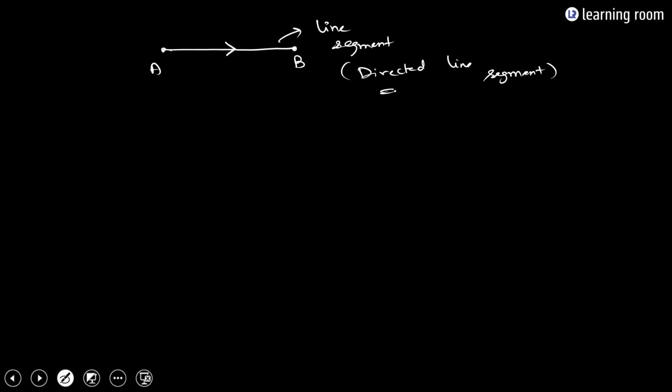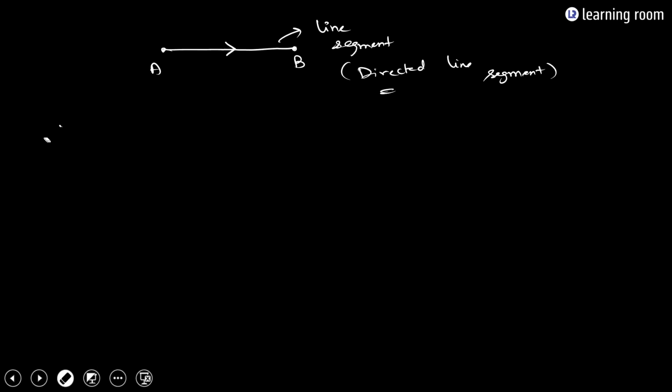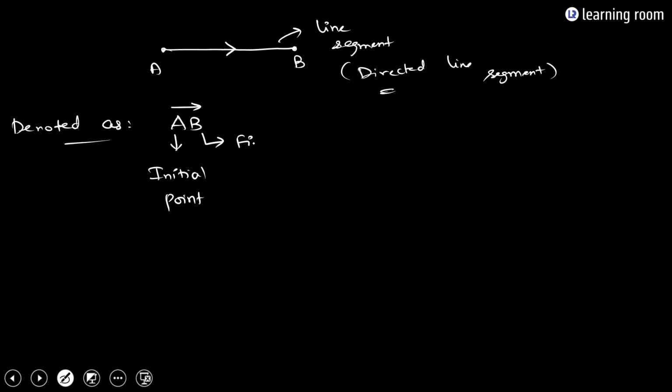And it is denoted like this. Denoted as AB with a bar on top of it, where A is called as the initial point and B is called as the final point.